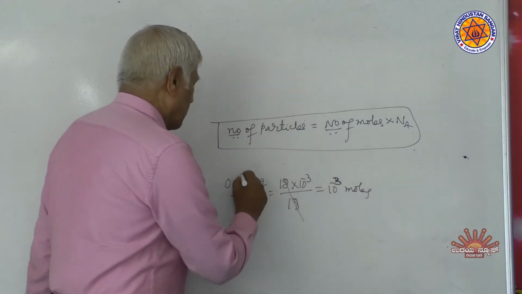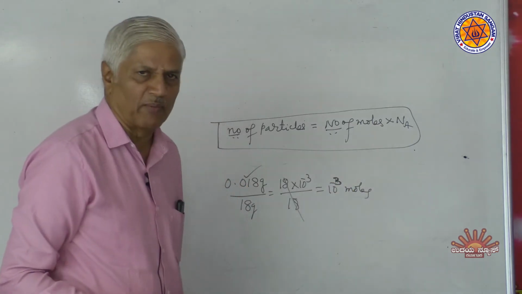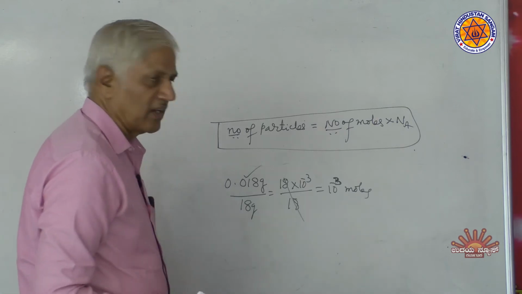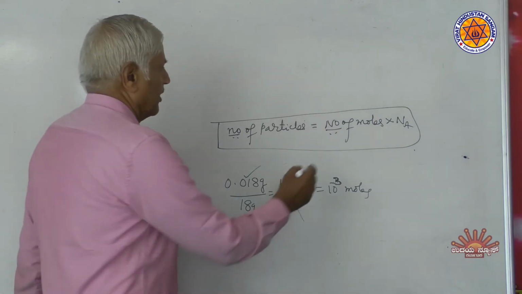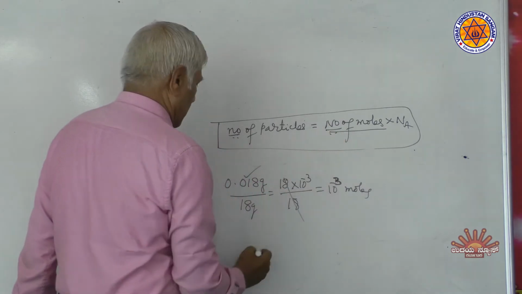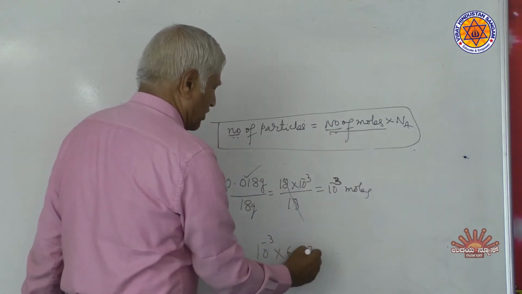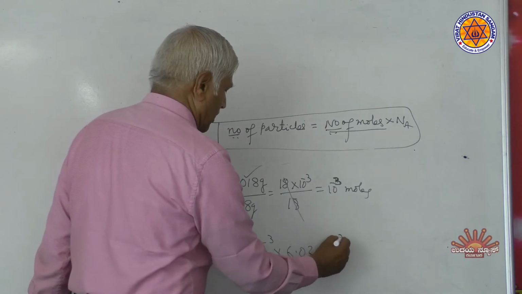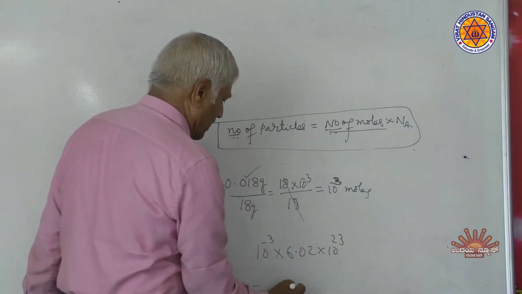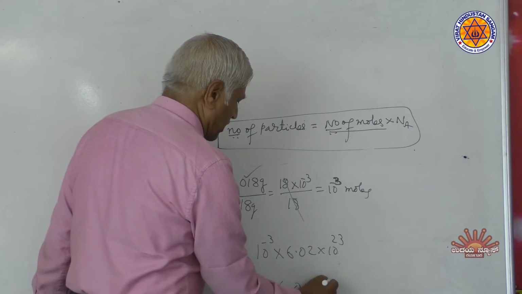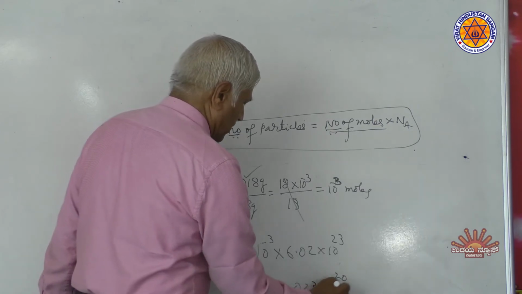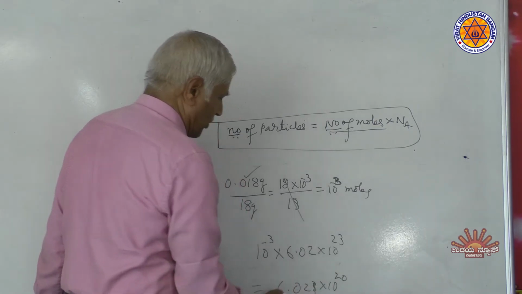Means 0.018 gram is same as 10 to the power of minus 3 moles of water. Number of moles of water is 10 to the power of minus 3. Avogadro number is 6.02 into 10 to the power of 23. So the final answer is 6.023 into 10 to the power of 20.